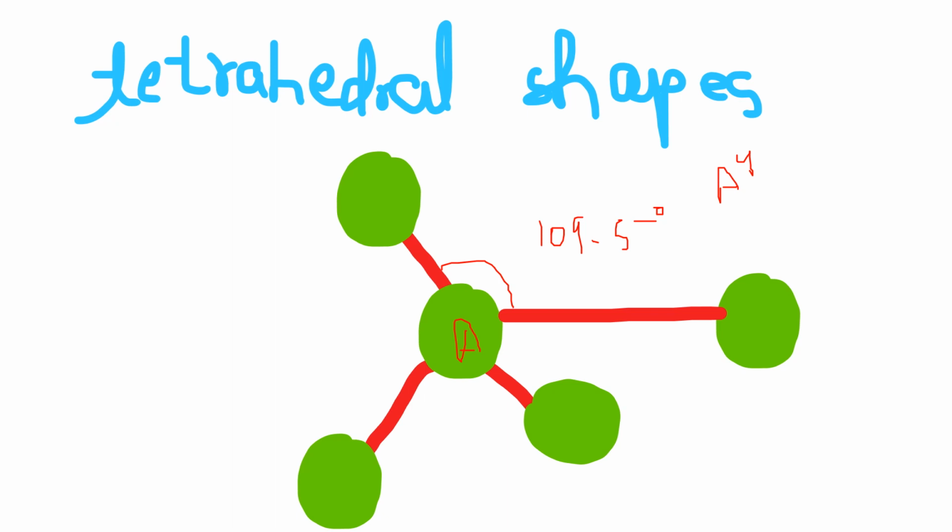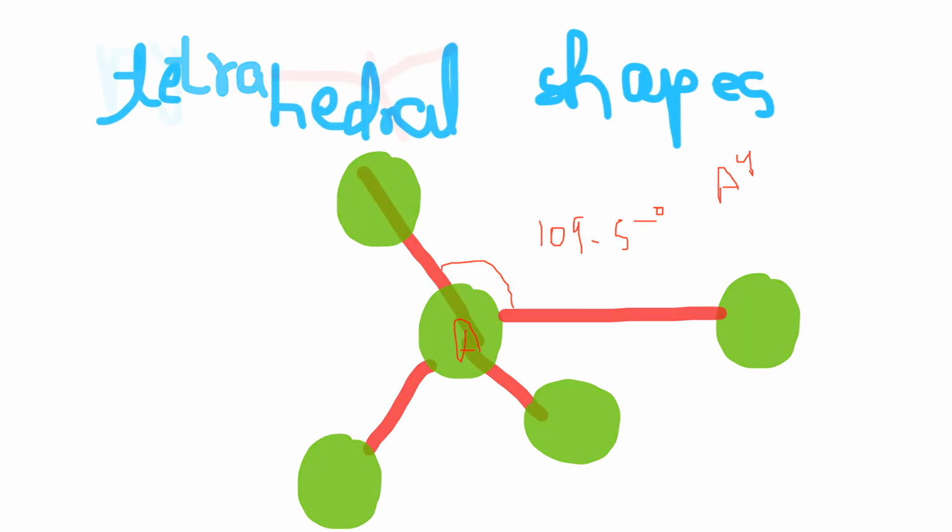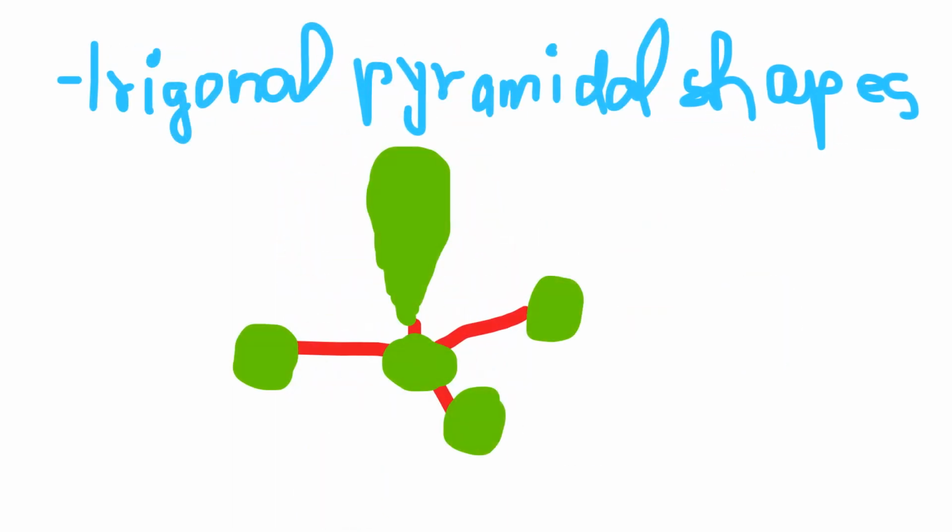Let's move on to another shape. Now this is something really different and really fun. This is known as triangular pyramidal shape, where there is one lone pair. This is a cone-like shape with a tetrahedral base and is found in molecules like AX3E.